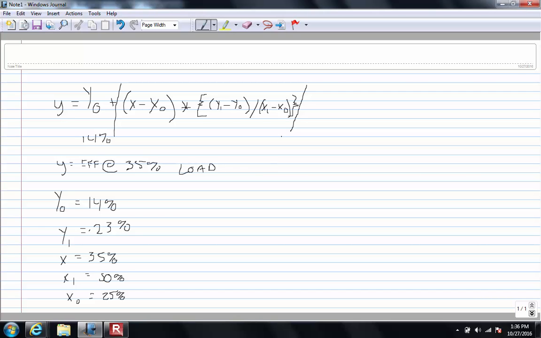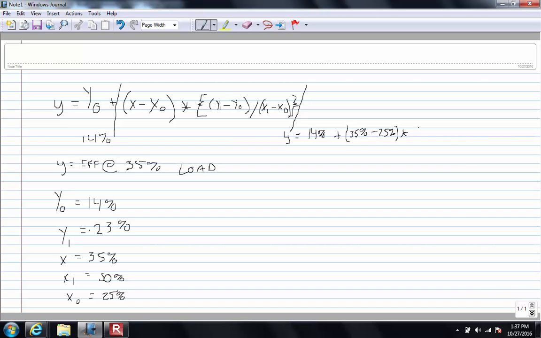Just that simply. So it's just going to be Y equals, what's our Y0 value? 14% plus, now remember everything between these lines up here, that was our difference. So our 14%, that's our starting point. All our calculations up here are to figure out what's getting added to that 14%. So our X value is 35% minus X0, which is 25%.